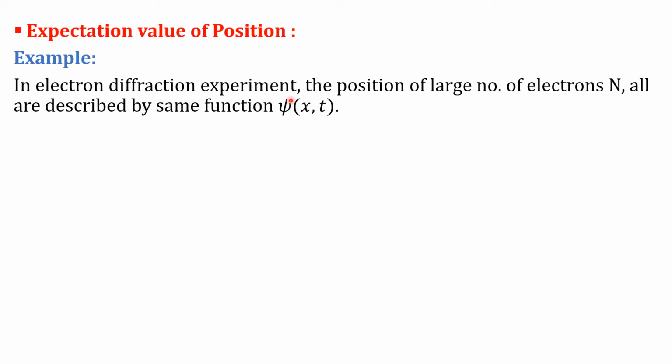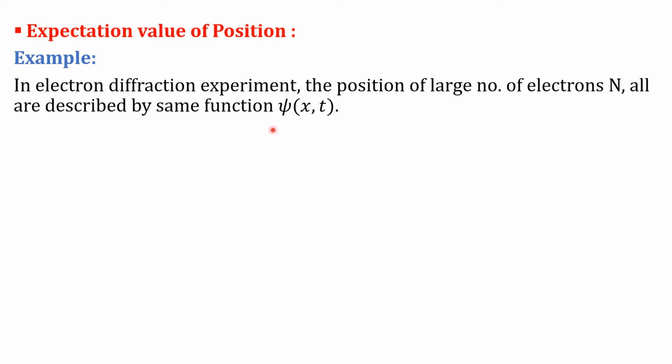Now what is that experiment and how do we get the mean value of the position? Position is one of the dynamical variables. Then how do we find its average value or mean value using that experiment? Here we mention the position of a large number of electrons.